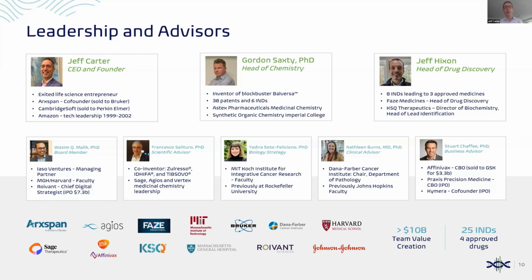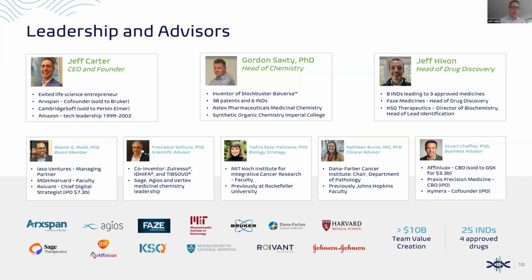I'm a repeat entrepreneur. I built and sold a company called Arcspan, which was a multi-tenant SaaS company, to Bruker, which is a life science equipment provider. It's a publicly traded NASDAQ company. Did that in 2019. Gordon Saxty, head of chemistry. He's put drugs on the market. Balversa is a blockbuster J&J drug for metastatic bladder cancer.